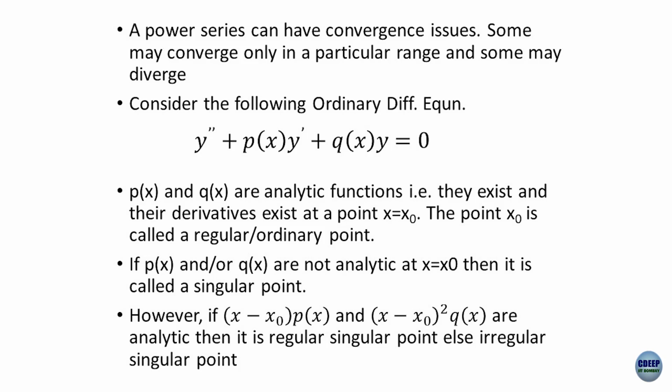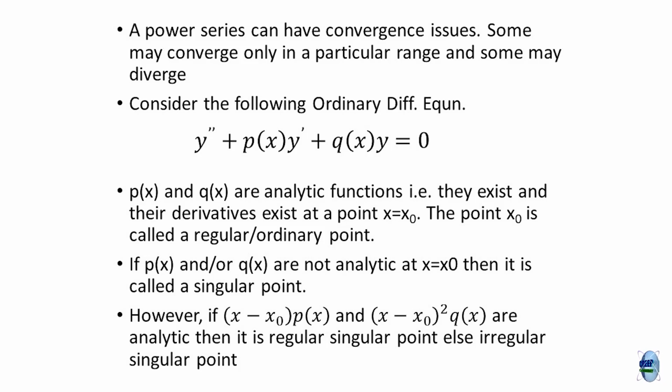in addition to being singular, if the point or the function is such that (x minus x naught) times p(x) and (x minus x naught) squared times q(x) become analytic, then it is called a singular point that is regular. And if this condition is not satisfied, then we call it an irregular singular point.